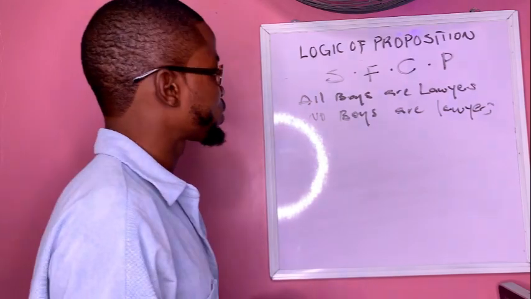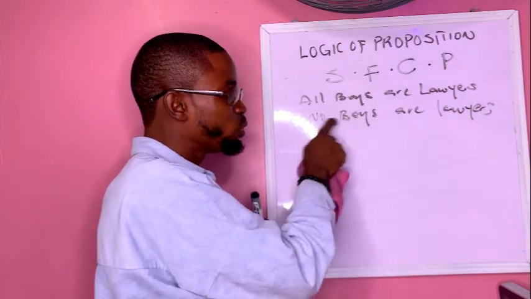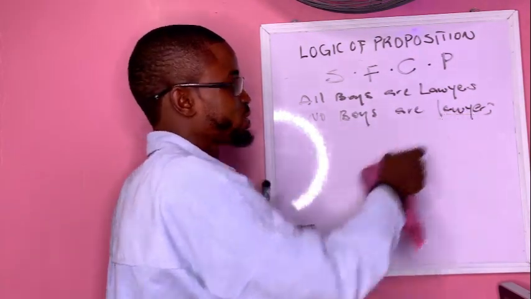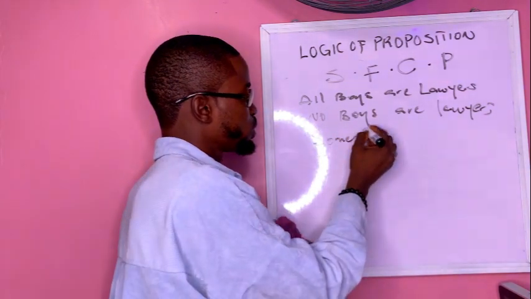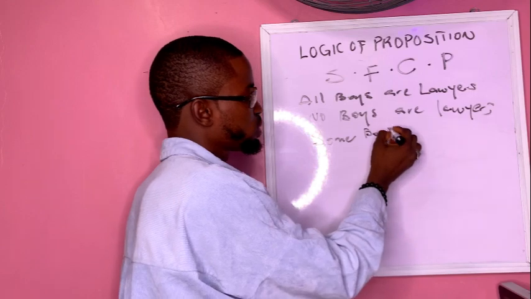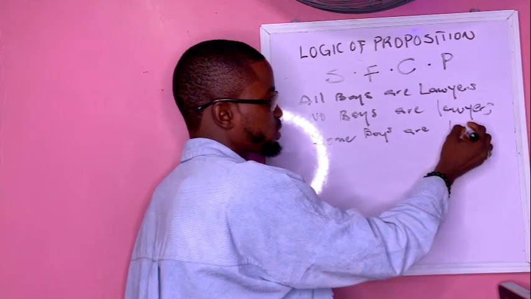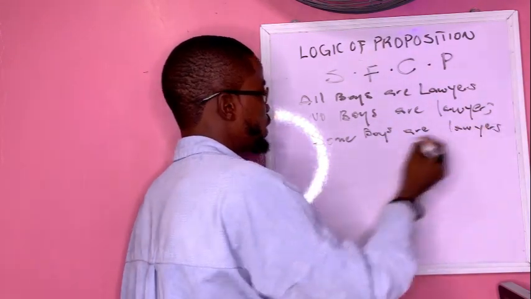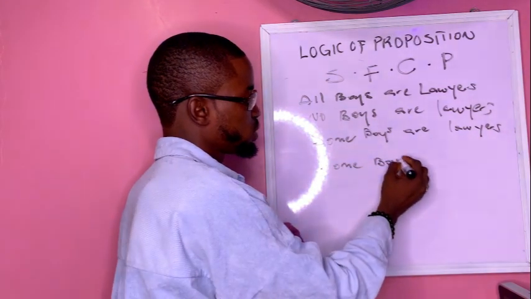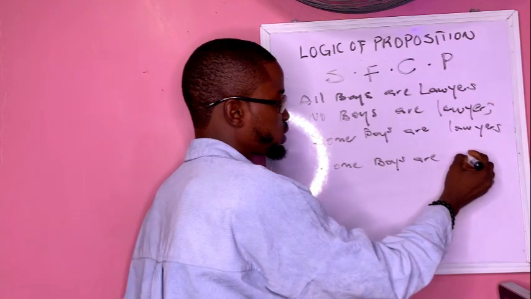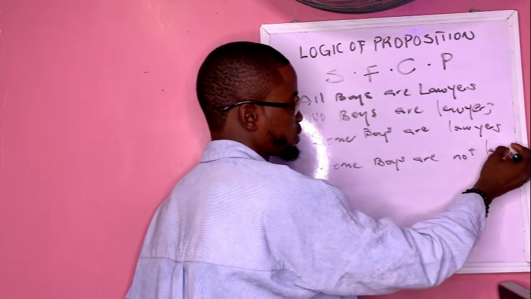In this particular statement, we are saying that check all the boys, none of them are what? Lawyers. Then another relationship that we can assert between them is some boys are lawyers. Then the last one is some boys are not lawyers.